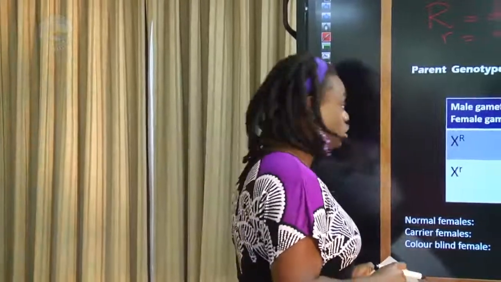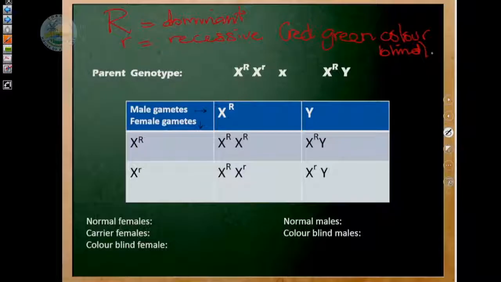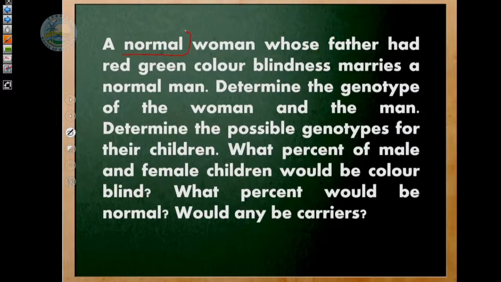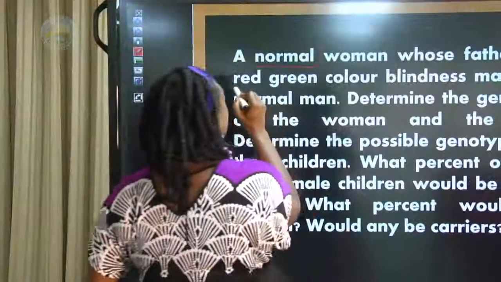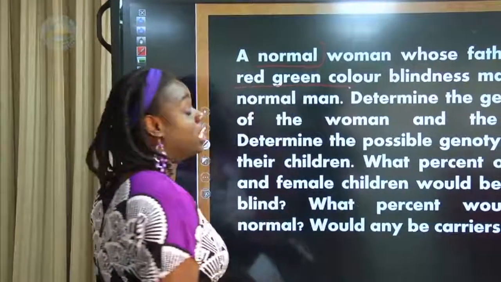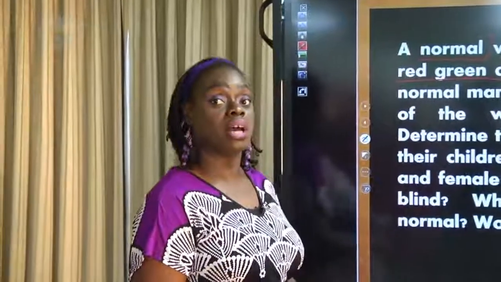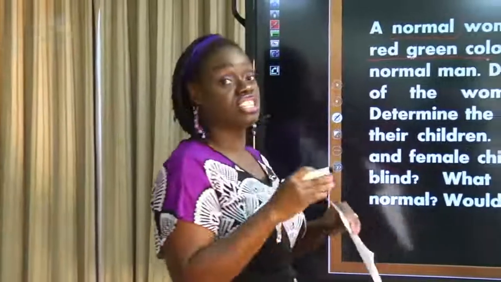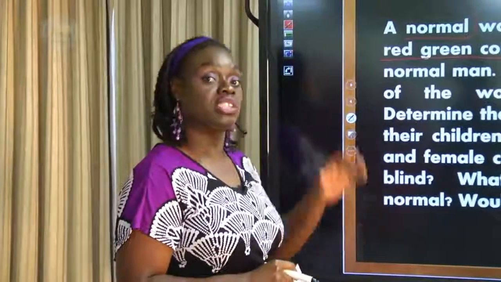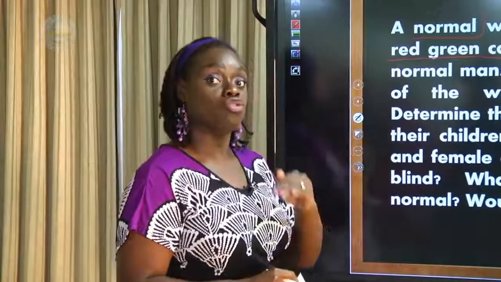So the parents' genotypes: the mother is normal, but her father had red-green color blindness. So if her father had red-green color blindness, it means that he would have passed on that recessive allele to her. So it means that she is a carrier. She has one dominant allele and one recessive allele.